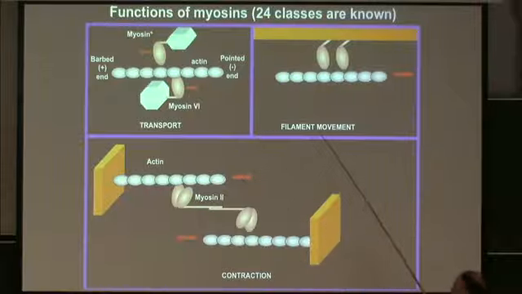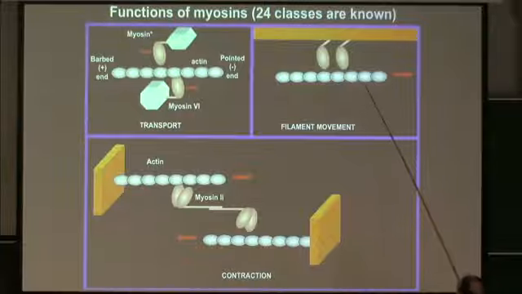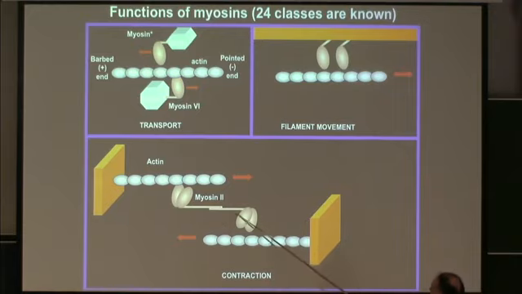And there are of course many ways to use these different myosins for moving actin filaments, but only one type of myosin, called myosin 2, has a long tail domain that permits formation of bipolar filaments, and this device permits the movement of oppositely oriented actin filaments towards each other, which is the basis of contraction.